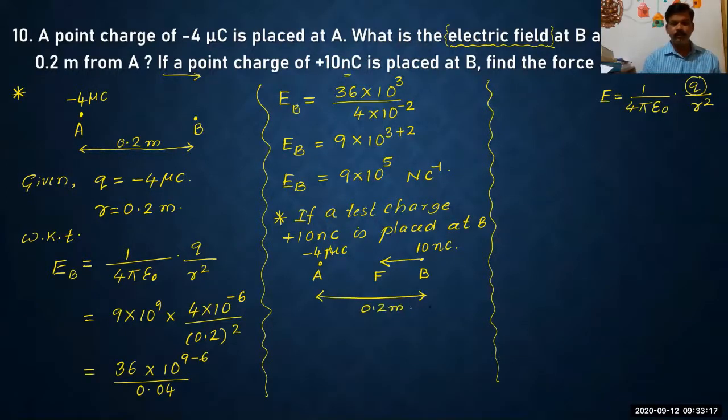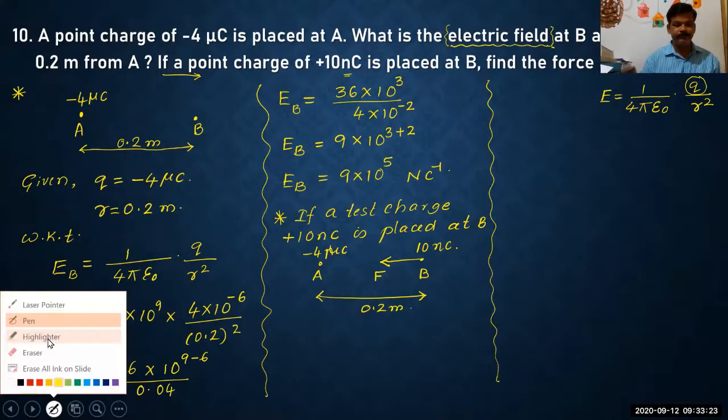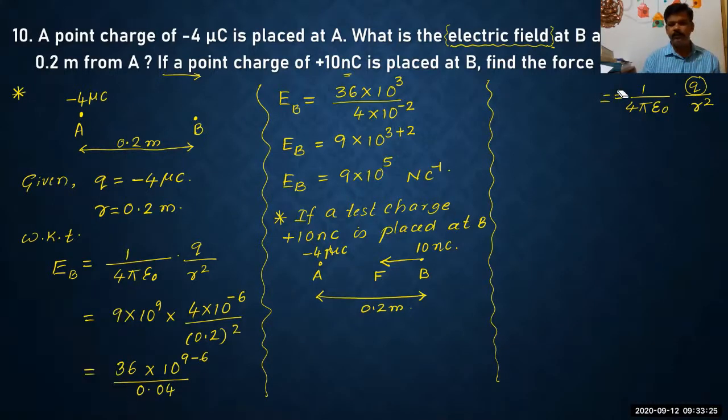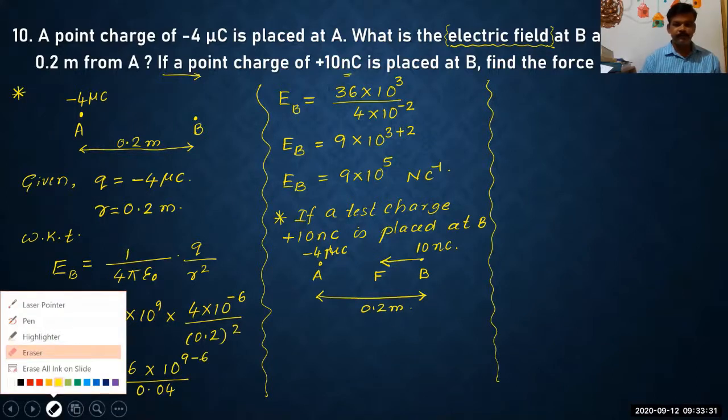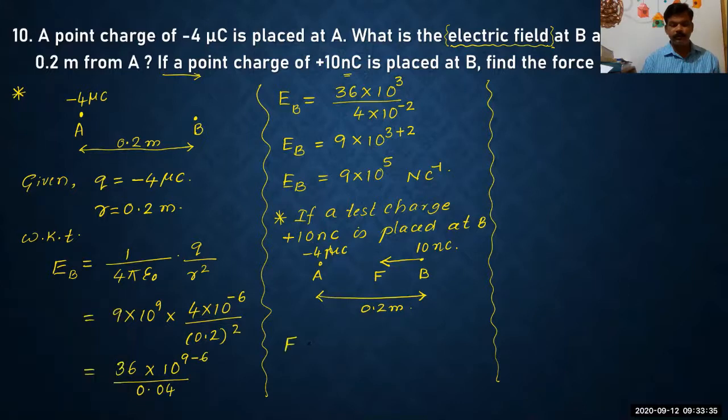Yes, you know how to solve this. Very simple. Yes, you don't need my help here. You can solve along with me, right? Just I will make some space here. Write the formula, that is force experienced by the charge, 1 by 4 pi epsilon naught into q1 q2 divided by distance square, that is r square.